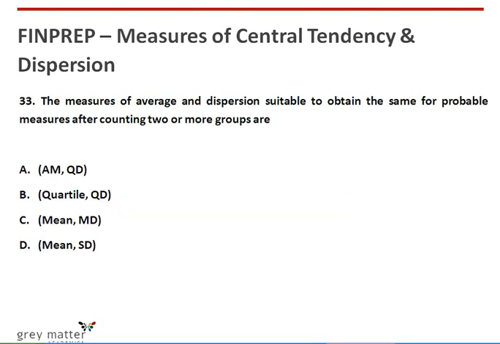The measure of average and dispersion suitable to obtain the same for combined groups after combining two or more groups is given by mean, standard deviation, which is based on the definition and characteristics of standard deviation. So as per the PowerPoint presentation, it is D option, which is mean, standard deviation.